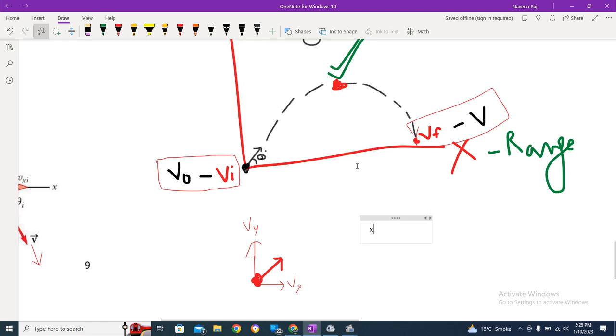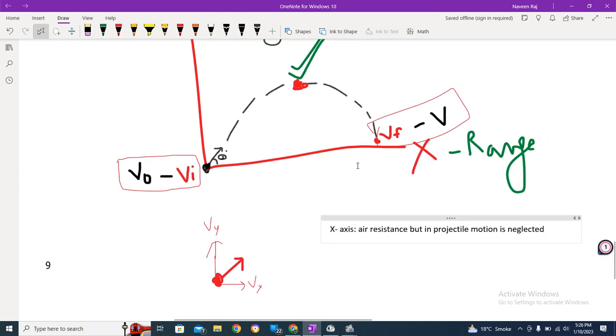On the x-axis, air resistance is present, but in projectile motion it is neglected.